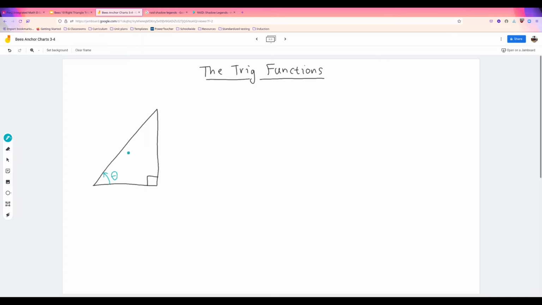So we got our theta here. Over here we've got the opposite side. Down here we've got the adjacent side. And then we've got the hypotenuse.